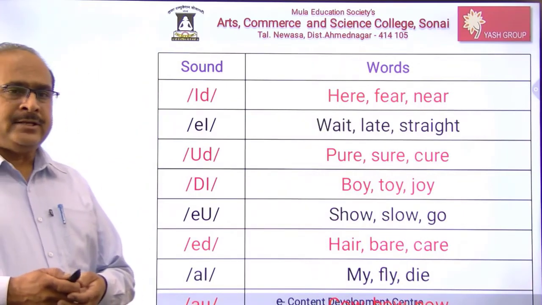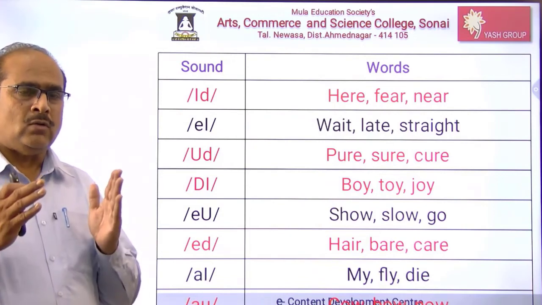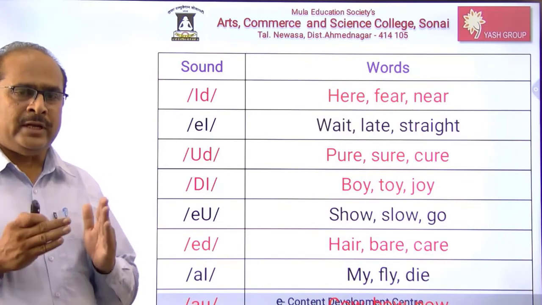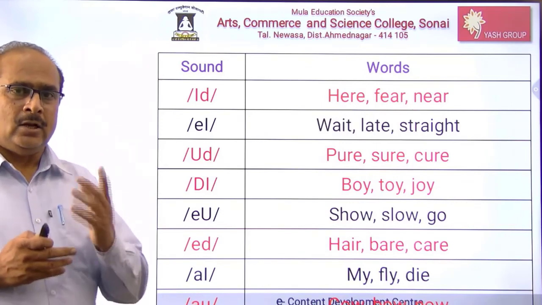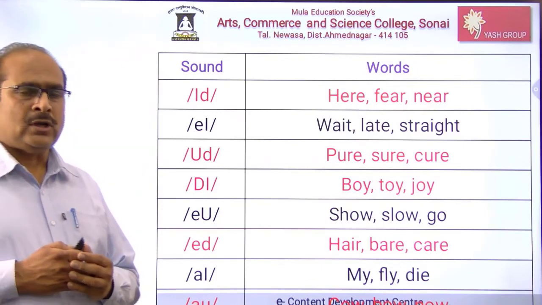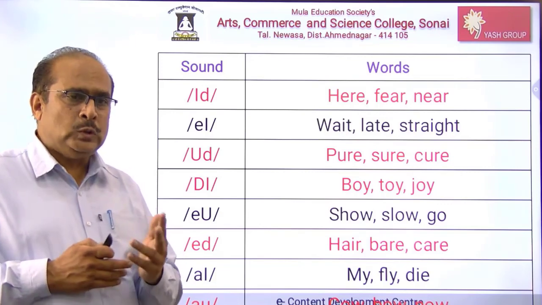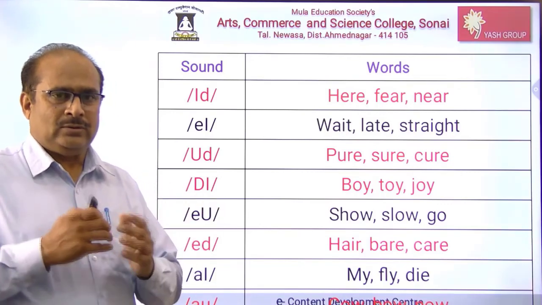Now there are 8 diphthong sounds. As we have noticed, a consonant sound is a sound in the production of which there is a blockage. A vowel is a sound in the production of which there is no blockage. Like that, what is a diphthong sound? A diphthong sound, as you notice, is the combination of 2 vowel sounds, and it is a rather longer sound.